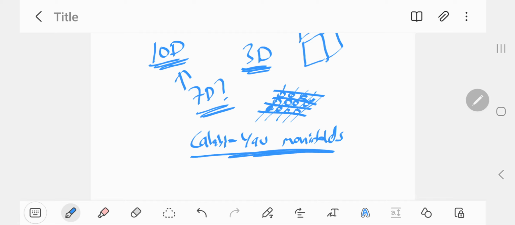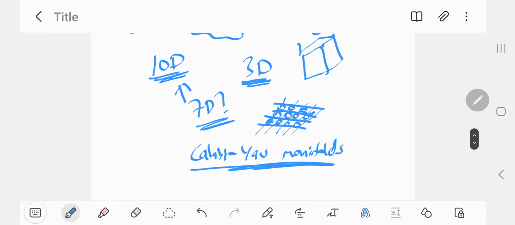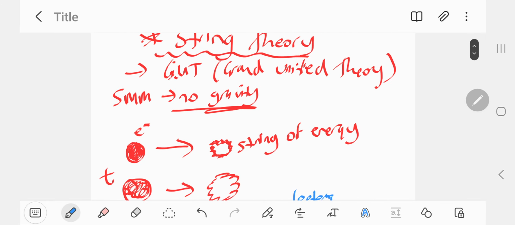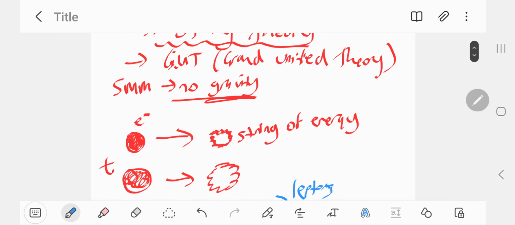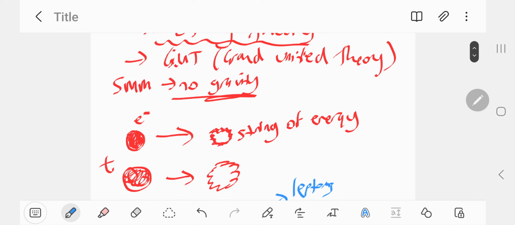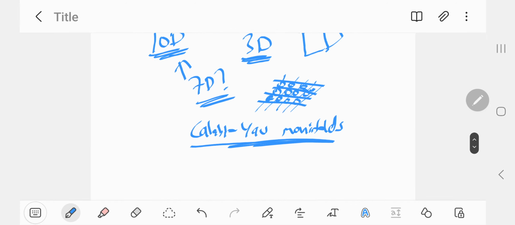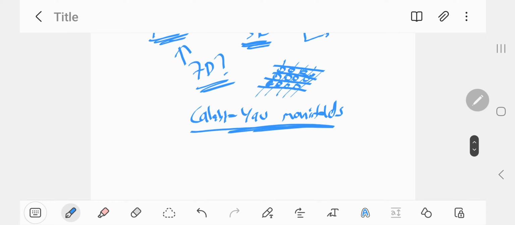These are the shapes of the extra dimensions that we can't see, if string theory is correct. So string theory not only unifies all the known forces of the universe and the particles, but it also postulates that there are extra dimensions that we can't see.